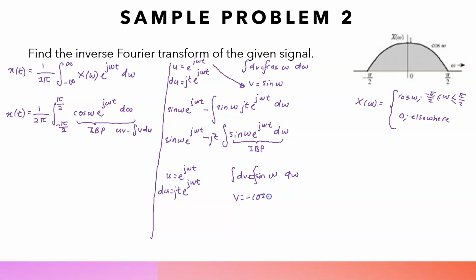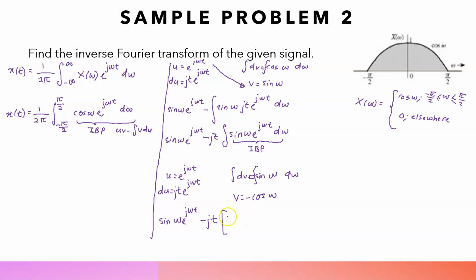v is minus cos omega. Okay, so let's put this inside here. If you rewrite, we will get sine omega e^{jωt} minus jt.